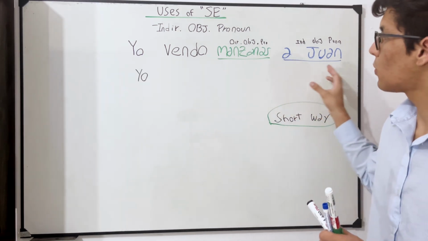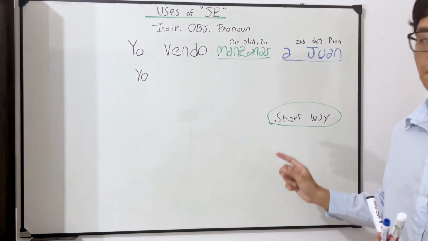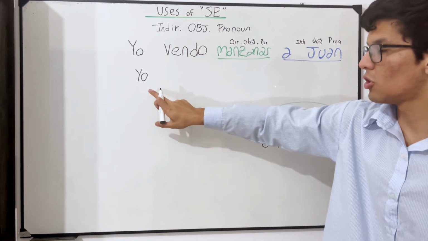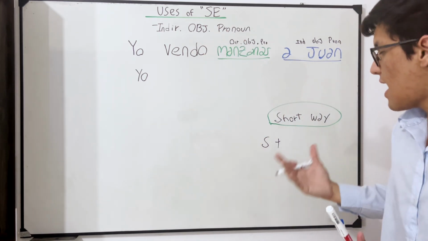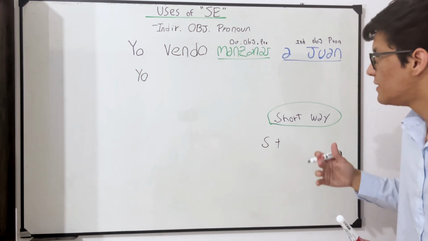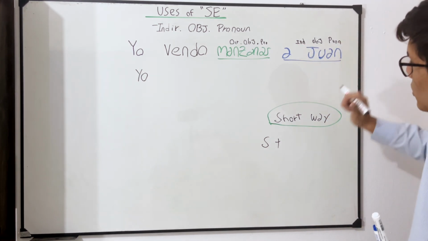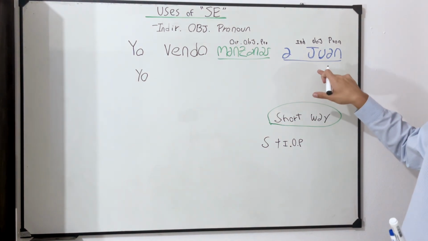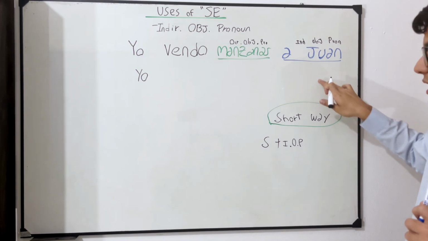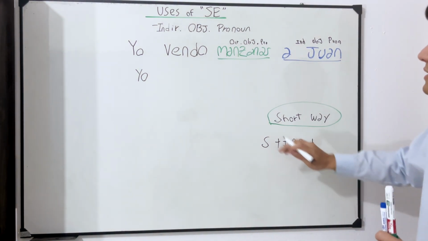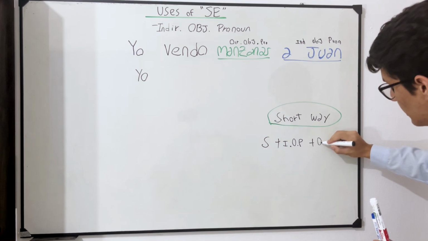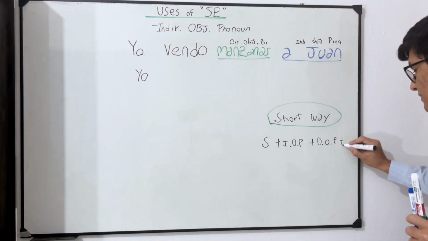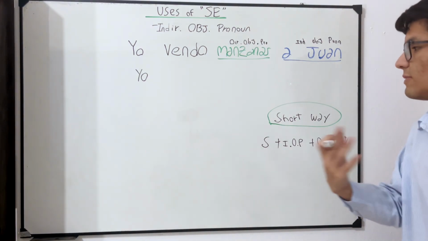So for making the short way of this sentence, remember that we have to follow this rule. First, the subject, that means the person, for example, yo, vos, él, ella, etc., I, he, she, you, etc. Then we continue with the indirect object pronoun, that means him, her, them, us, etc., plus the direct object pronoun, and then we got the verb, okay, in the following of the rest of the sentence.